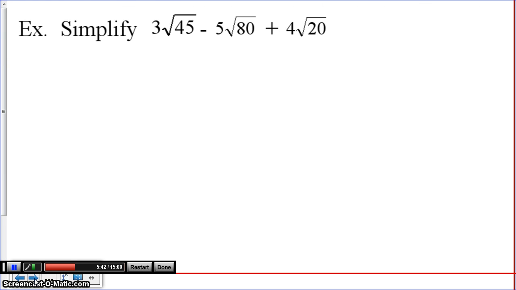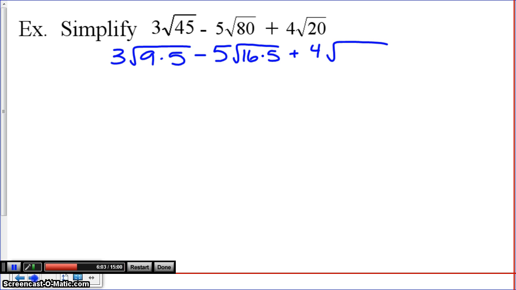One more to simplify. This time what's underneath my radical is not a like term, so I need to simplify before I can see what like terms I have. When I simplify, I've got my 3, 9 times 5, 80, I want to get 16 times 5, and then 20, I do 4 times 5.